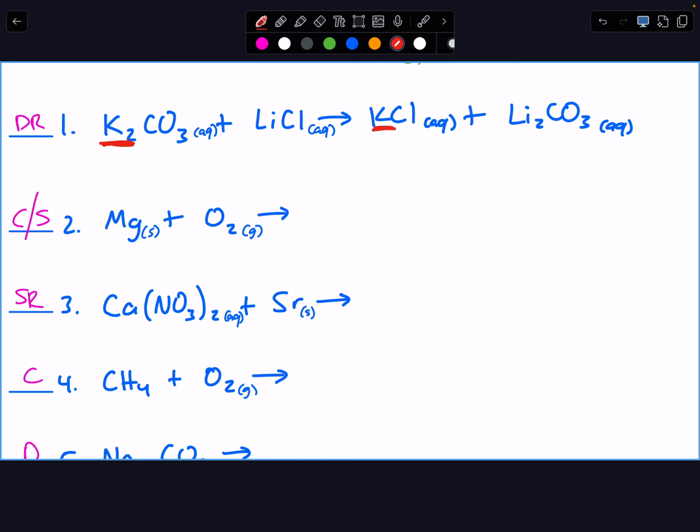How can I fix that? Put a 2 in front of KCl. Does everyone agree? When I do that, who does that also change? So how many Cls on the right? On the right, 2. And how many here? How would I fix that? Yep. Then how many Lis do I have? And how many here?